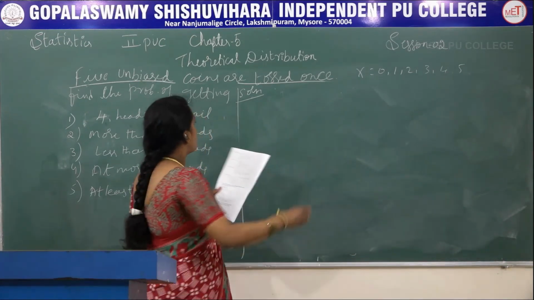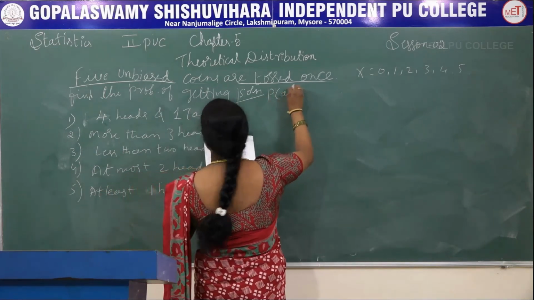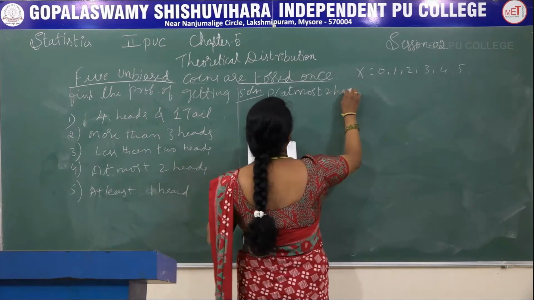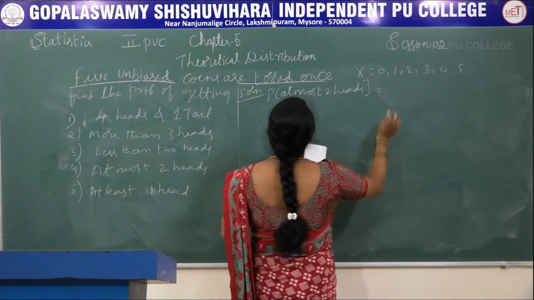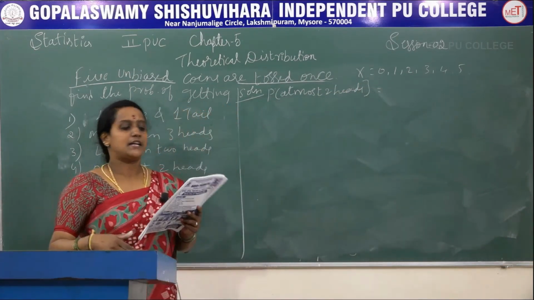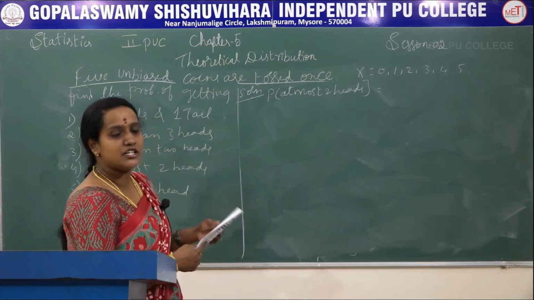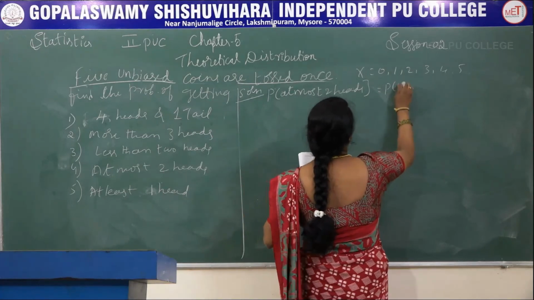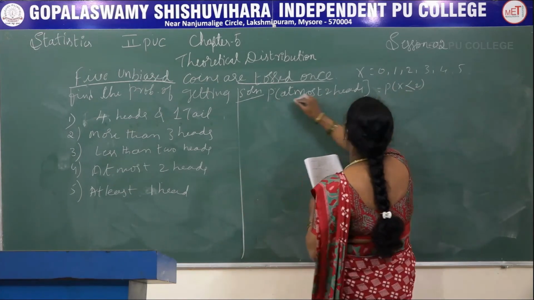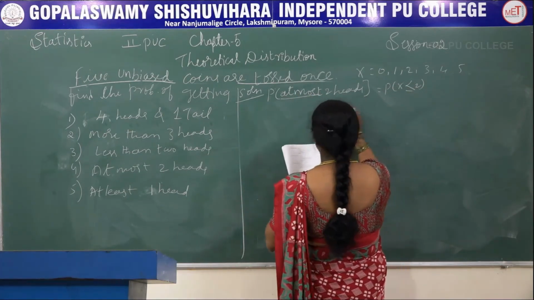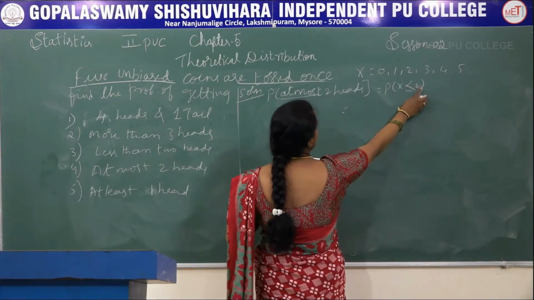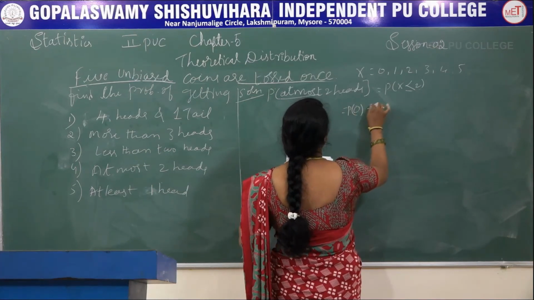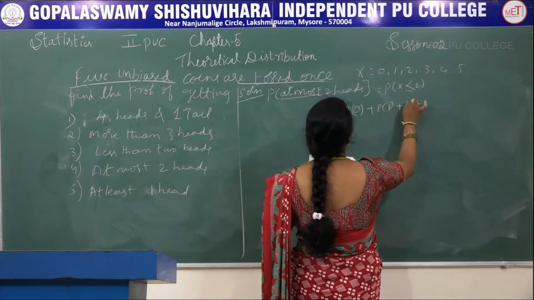Next is the probability of at most 2 heads. At most means it can be 2 or less, that is P of x less than or equal to 2. Less than or equal to 2 means 0 and 1, and equal to 2, so P0 plus P1 plus P2.